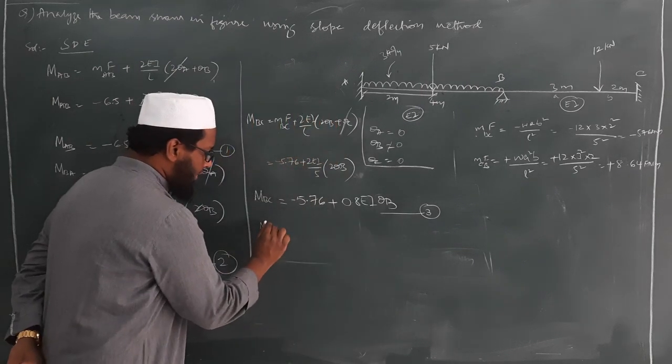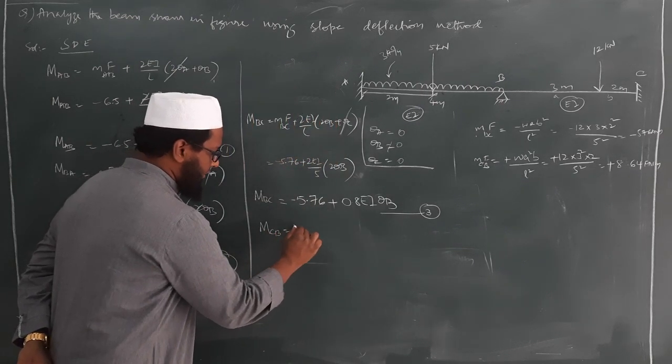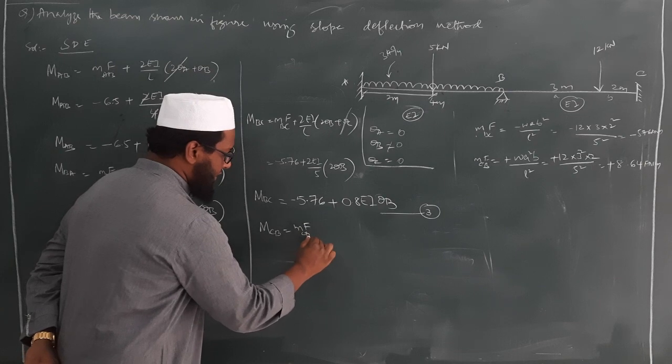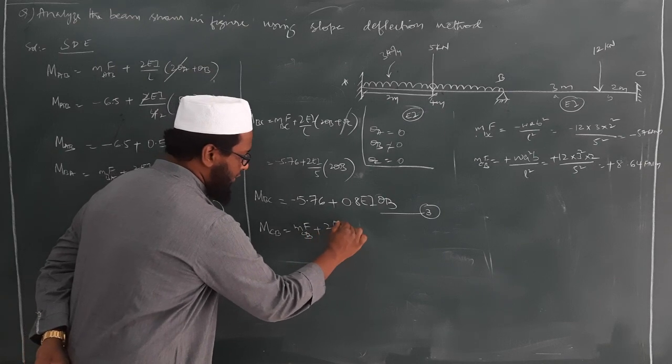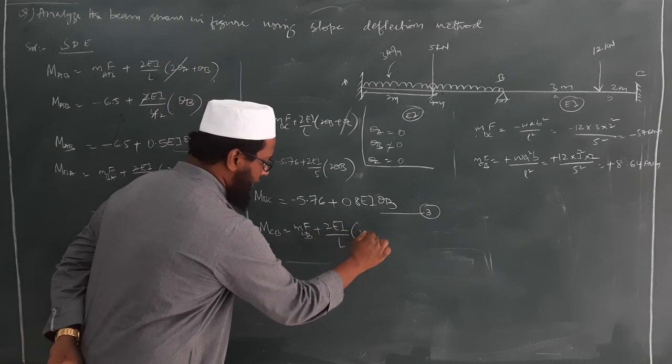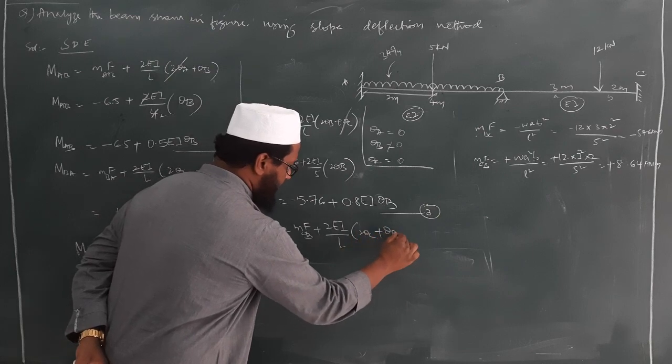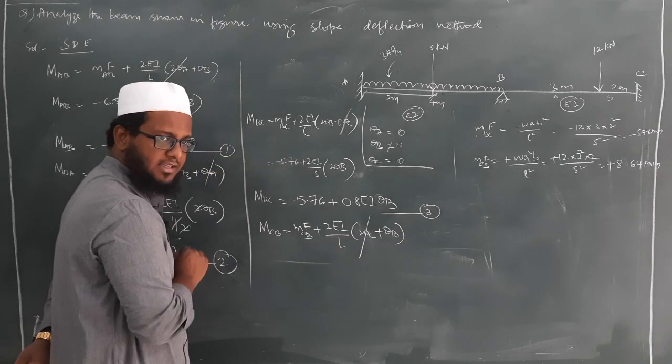Now we'll move to MCB. This is MFCB plus 2EI by L into 2 theta C plus theta B. Again theta C is equal to 0.